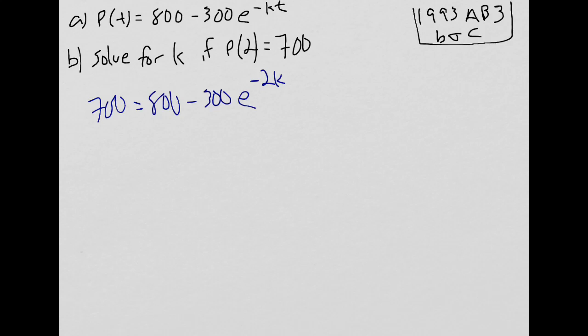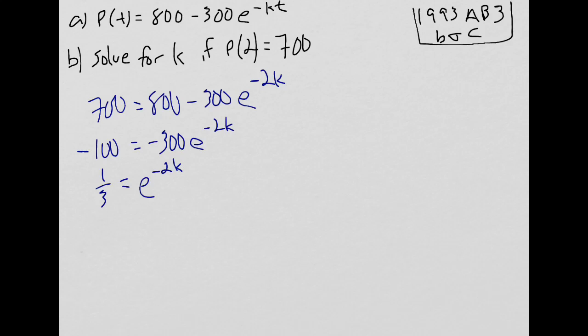Move the 800 over, I get minus 100 equals minus 300 e to the negative 2k. Divide out, I get a 1/3 when I cancel some things out: negative 100 over negative 300 equals e to the negative 2k.